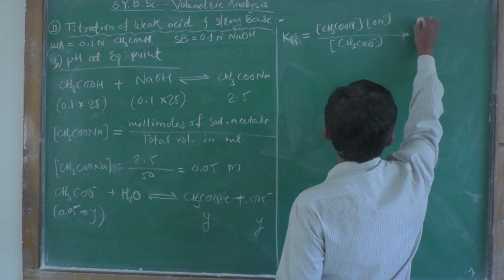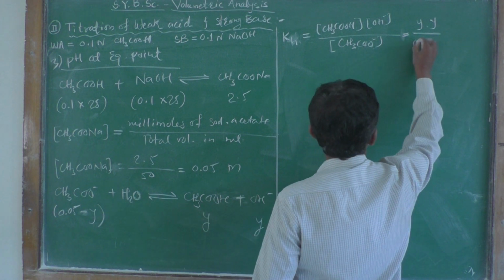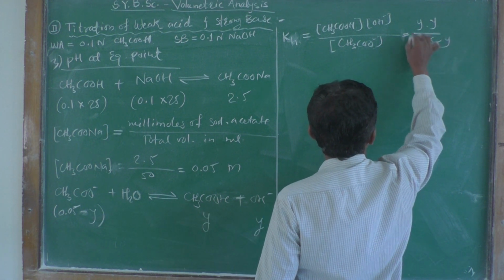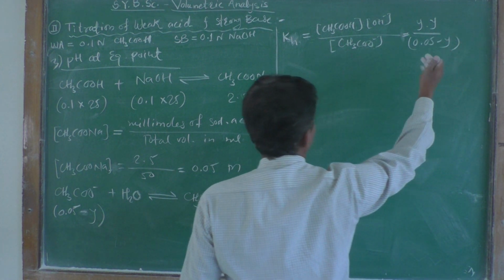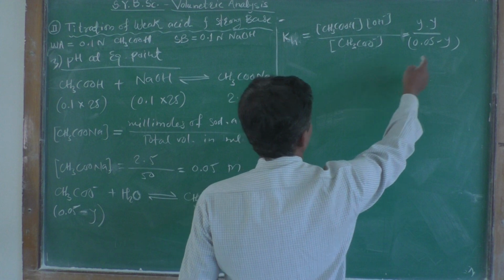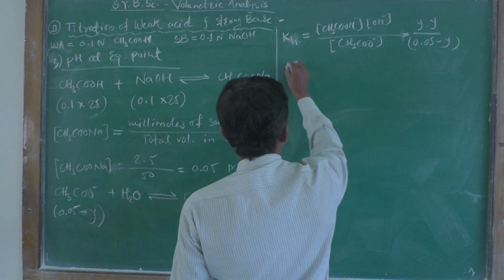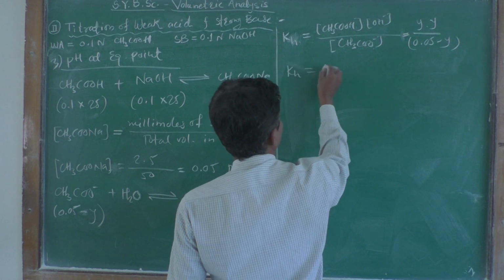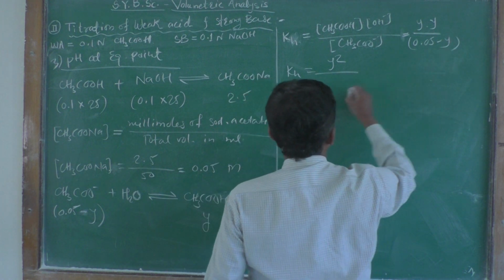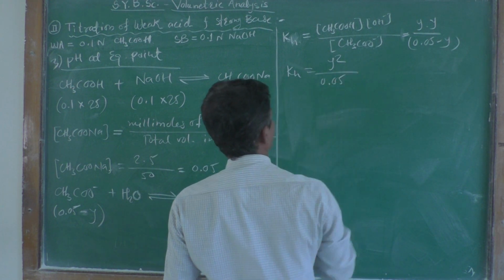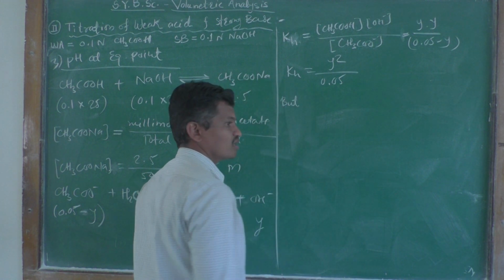So y into y divided by 0.05 minus y. Again, the degree of hydrolysis y is very small, so y can be neglected from the denominator, and KH is equal to y square divided by 0.05.